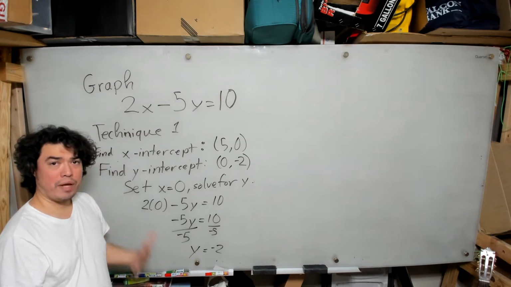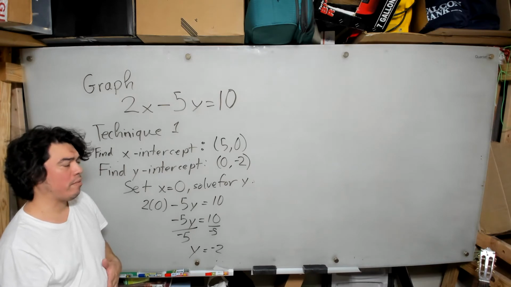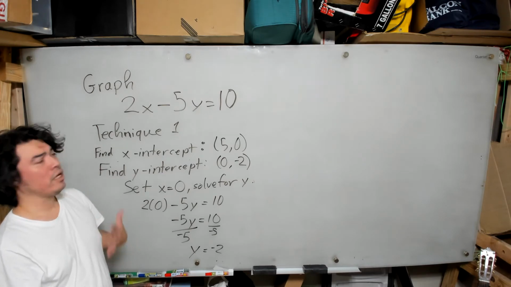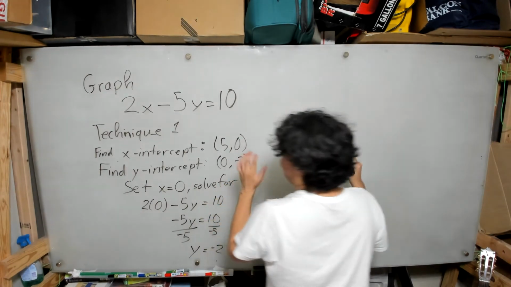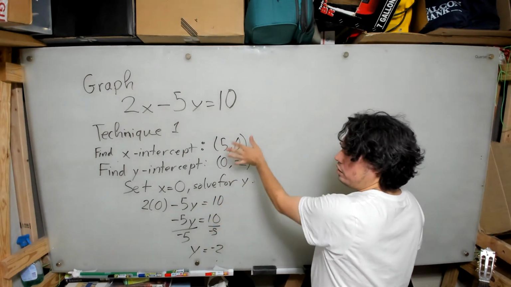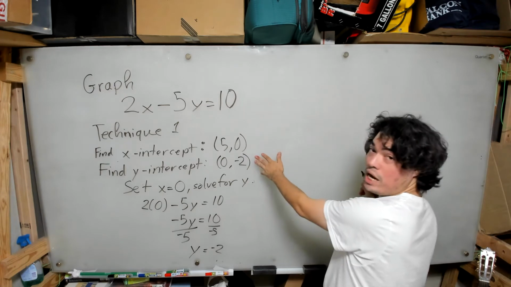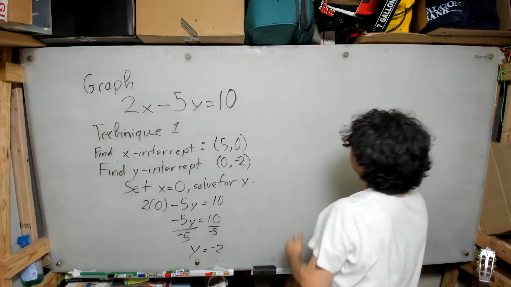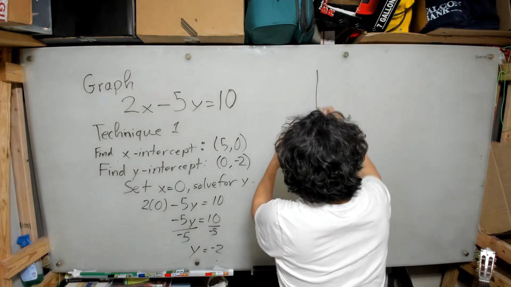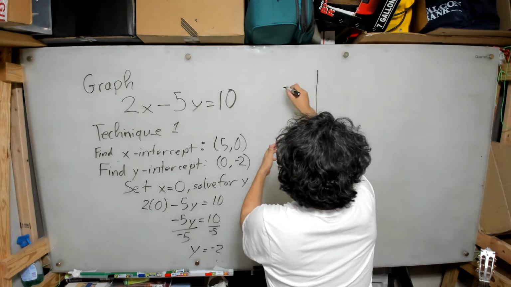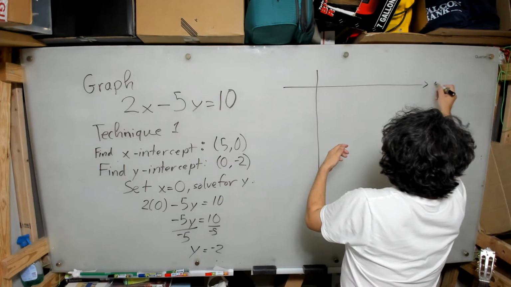We're now prepared to graph this linear function. First I'm going to look at what I need my points to be. I need a negative y and a positive x. So instead of drawing the whole thing, I'm going to focus on drawing the bottom part like this. This is my x-axis up here.